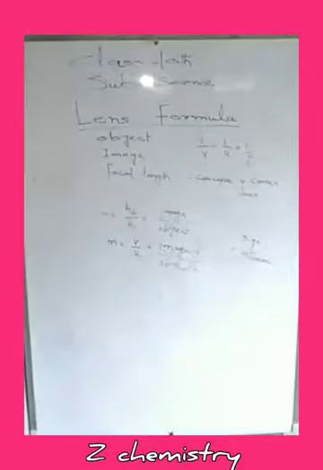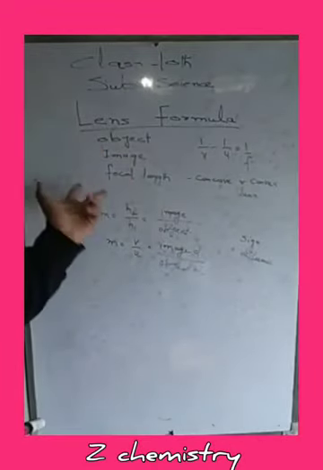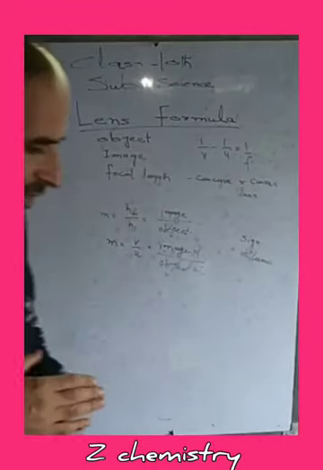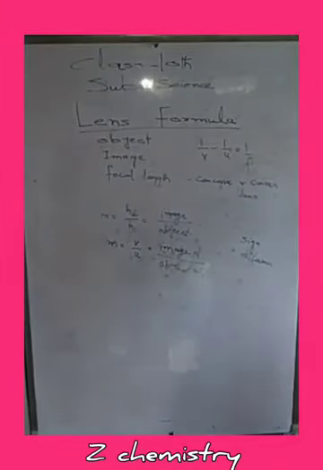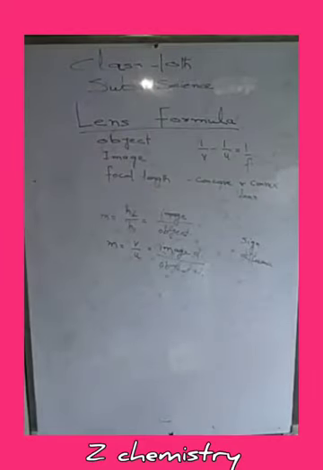This is the basic difference between the lens formula and the mirror formula. The difference is only of the sign. In case of the mirror formula we use plus sign, while in case of the lens formula we use minus sign.